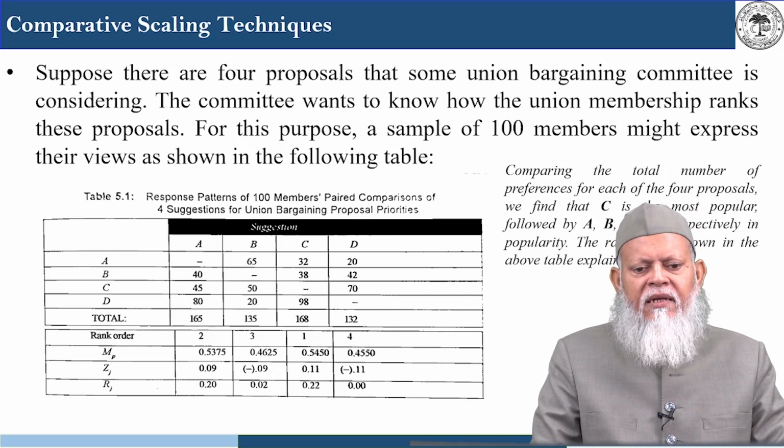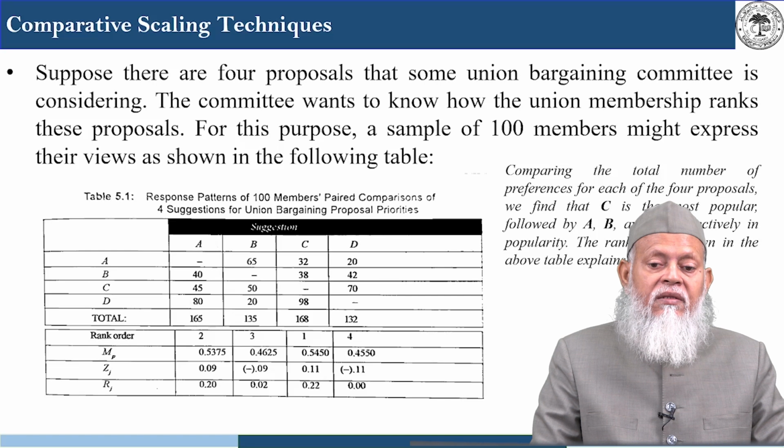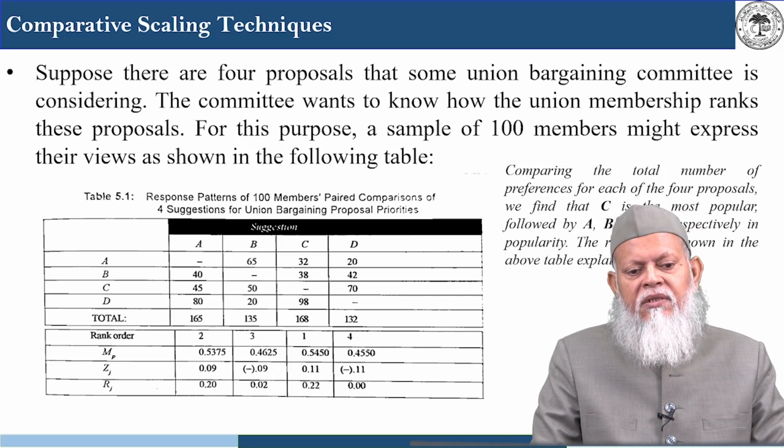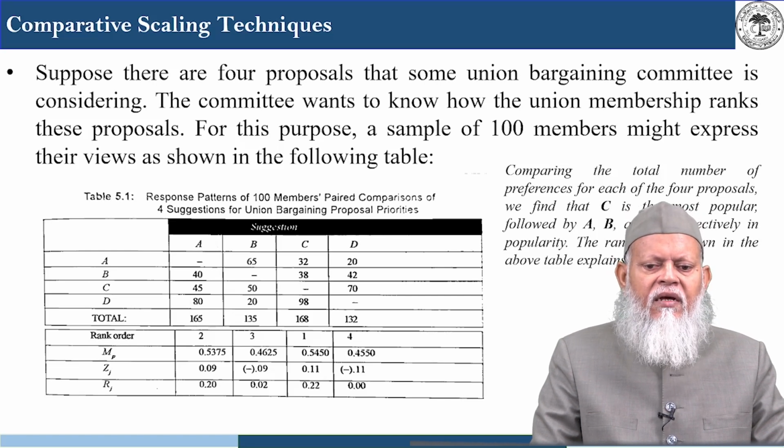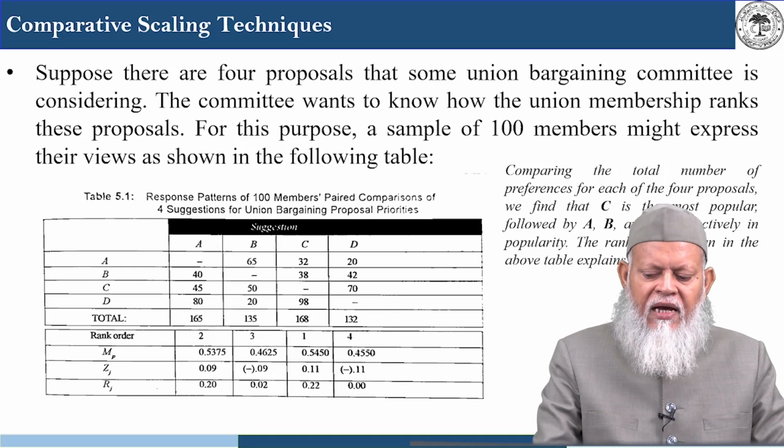Less than 0.5 it is negative, and more than 0.5 it is positive. These are available in the back of the books, in any statistical textbook. And then we make the Rj by making the minimum score 0, and adding the same to each of the Zj scores.